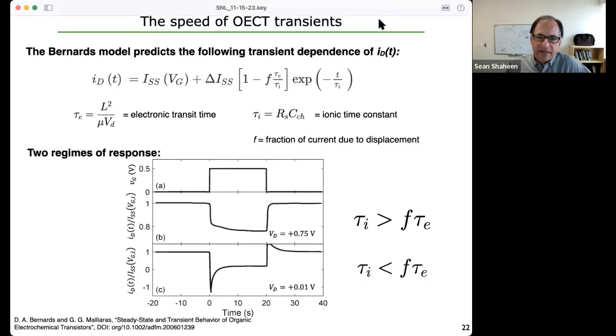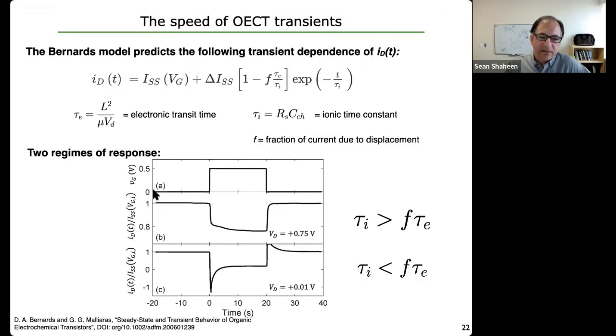So it turns out that you have a lot of design parameters in the OECT device. There are some models of their operation. One's called the Bernards model that came out of George Malliaras's group, and we've adapted that for some of our work. But what it shows is there are different regimes of operation for the OECT. In this case, the x-axis here is time, and you notice this is very slow.